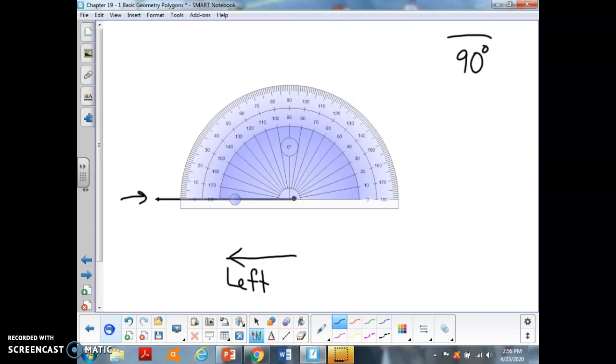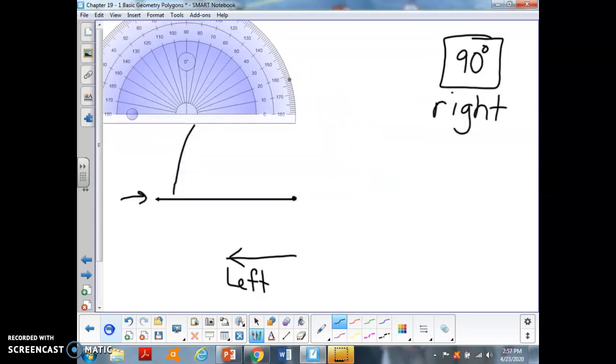I want to draw on this one a 90. Well, I know 90 is a right angle, so it's got to look like a little box in between. I go on the outside here because I went on this side. I'm going to try and find 90. Move it all the way up, and here it is. Take a little mark at 90. Now I'm going to move my protractor out of the way.